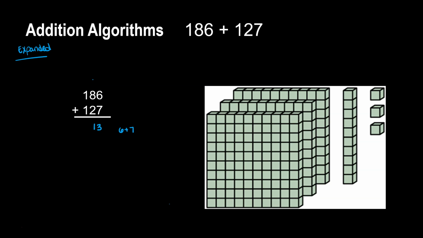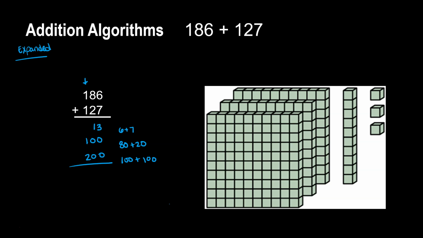Then I'll move on to my tens, so that would be 80 plus 20, which is equal to 100. Then I'll move down to my hundreds, which is 100 plus 100, which is 200.